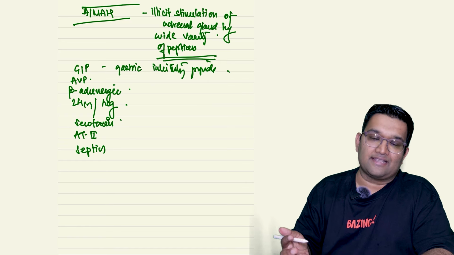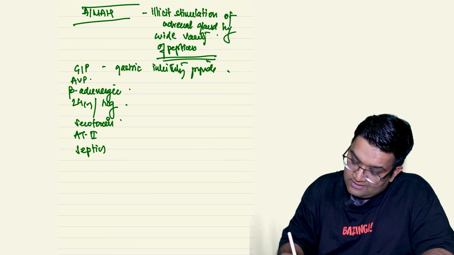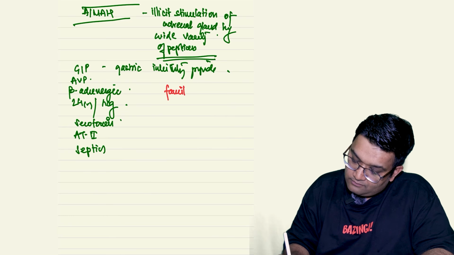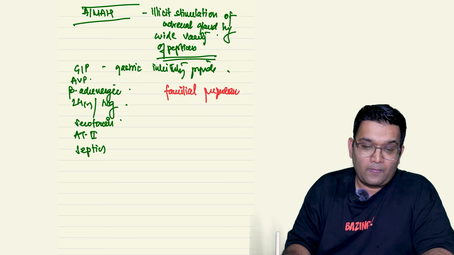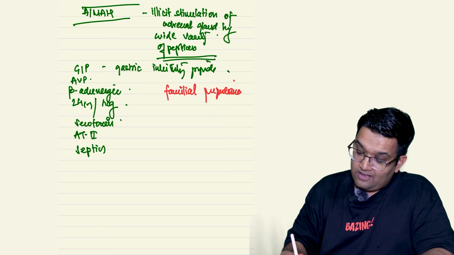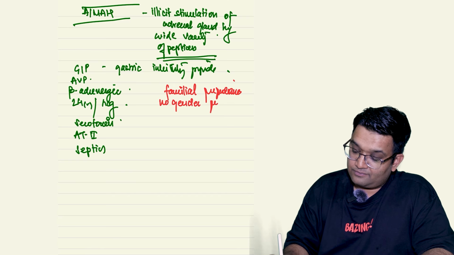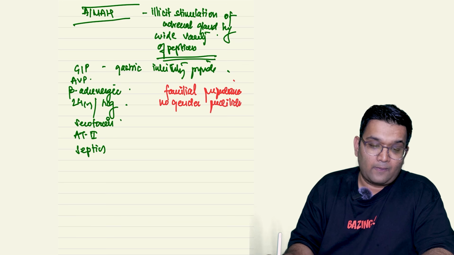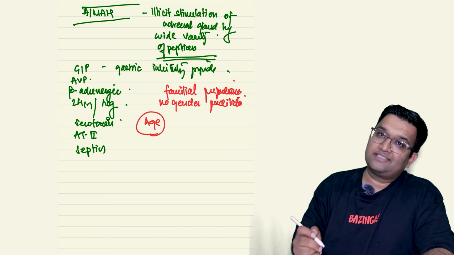So these are the peptides that can cause some sort of illicit stimulation leading to these features of Cushing syndrome or cortisol excess primarily. They do have a familial preponderance. There is no gender predilection. The age of presentation in PPNAD was less than 15 years.